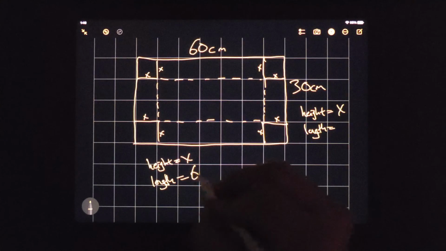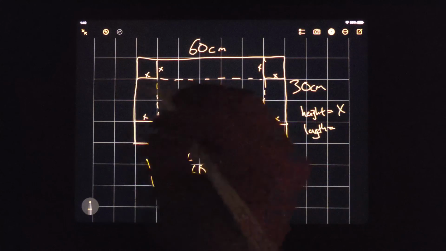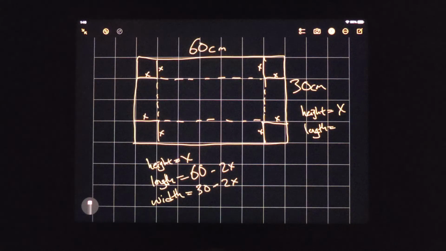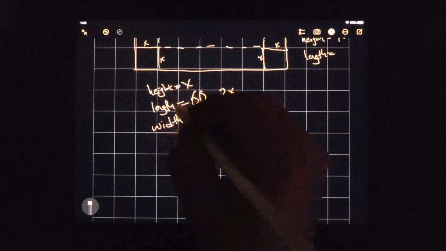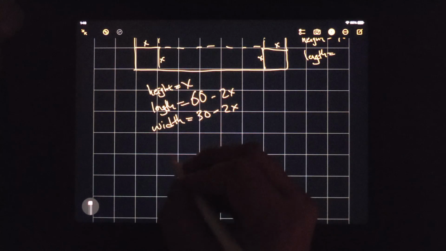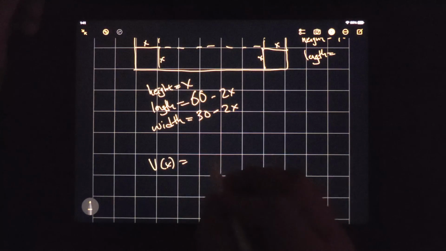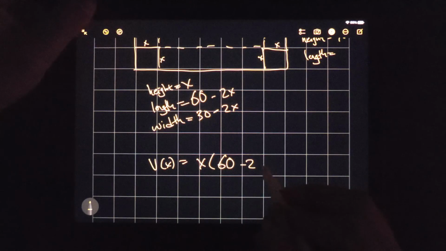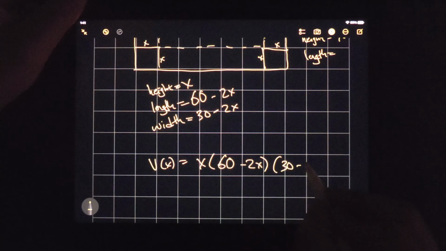Length will be 60 minus what I'm going to lose here and here, 2x, and the width will be 30 minus 2x.